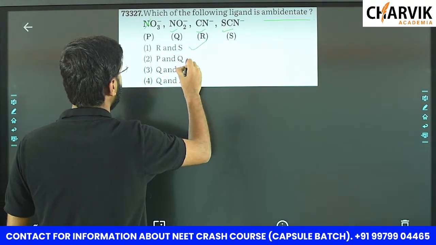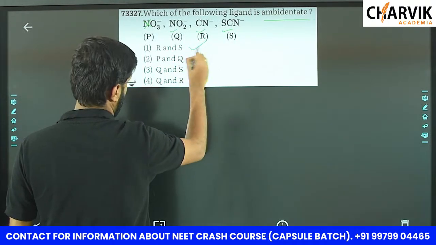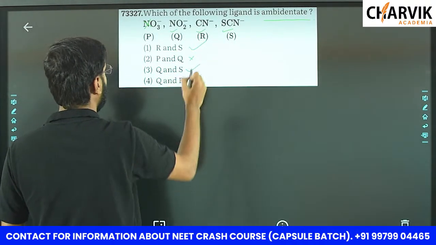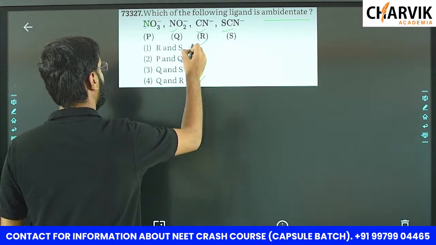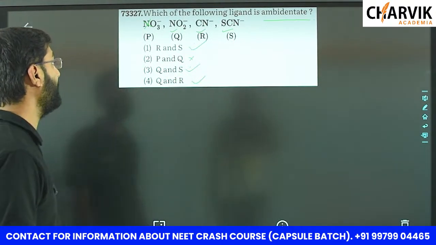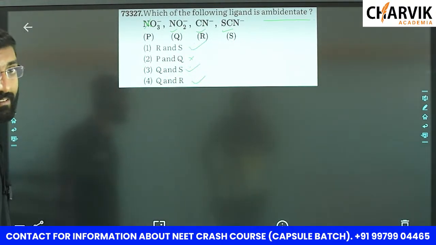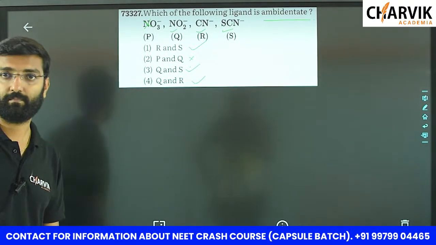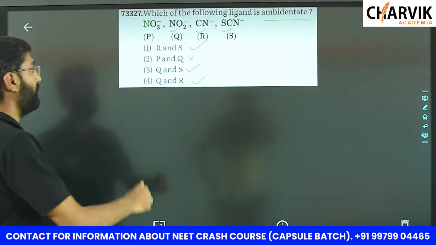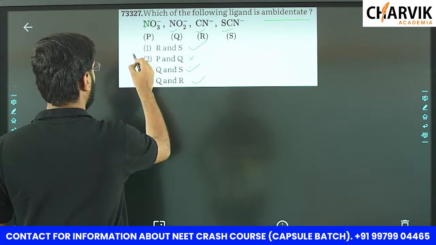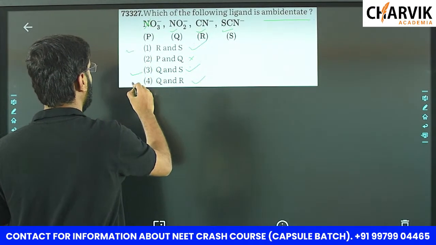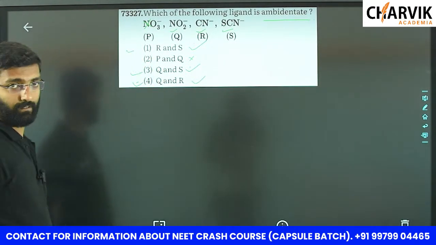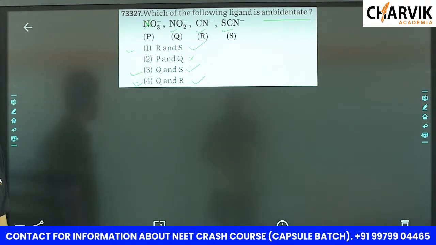P and Q, yes, this is wrong. Q and S, both are ambidentate. Q and R, both are ambidentate. Multiple correct options are there, right? So your answer will be first, third, and fourth, right?